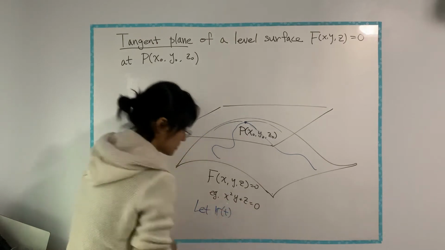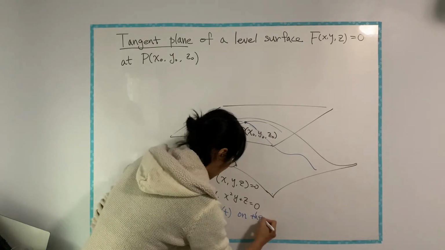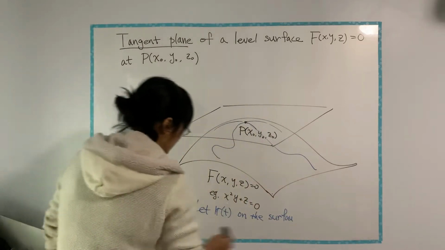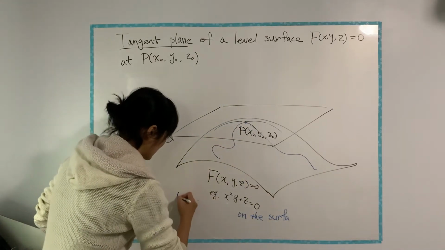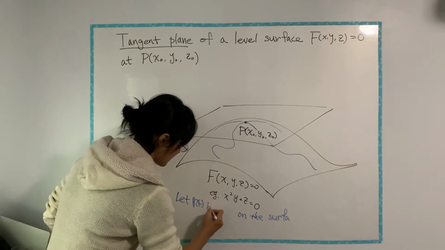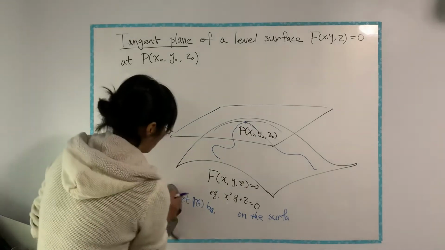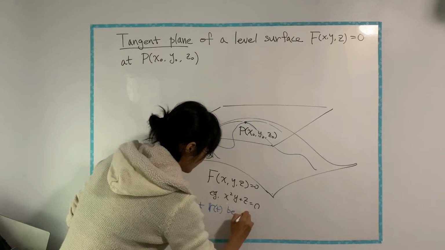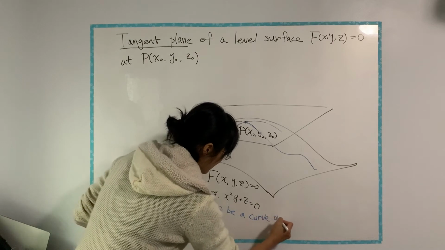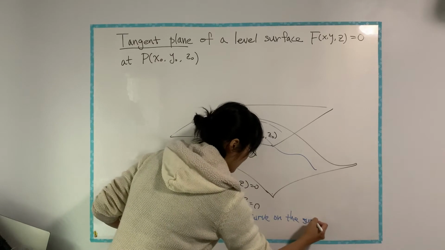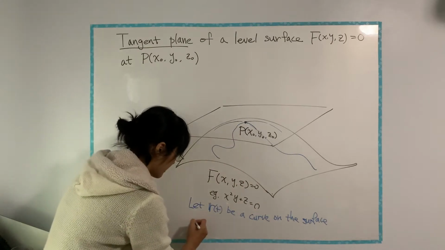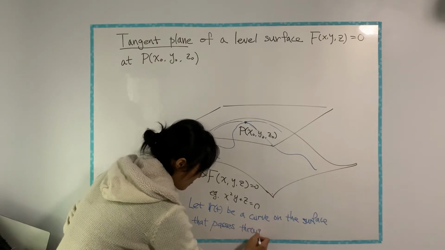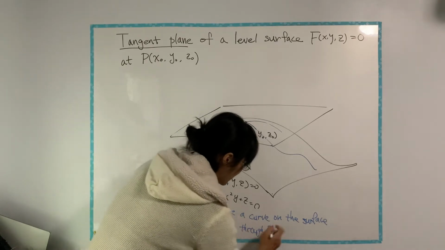Okay, so now you see that no matter what, if I have a curve on the surface, let R of t be a curve on the surface, and it passes through P. My writing is horrible, I'm sorry.